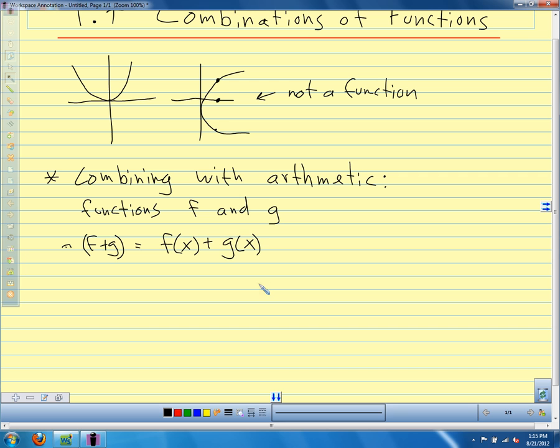Same thing for subtraction, f minus g. We just subtract the two functions.